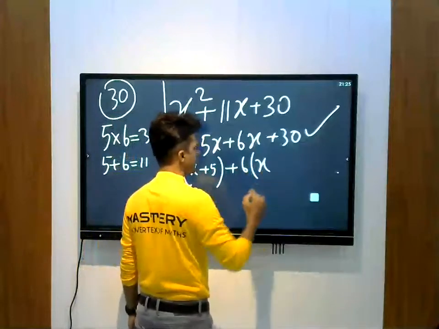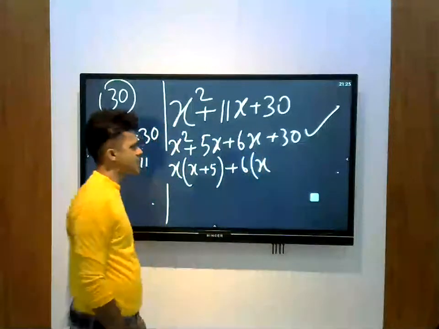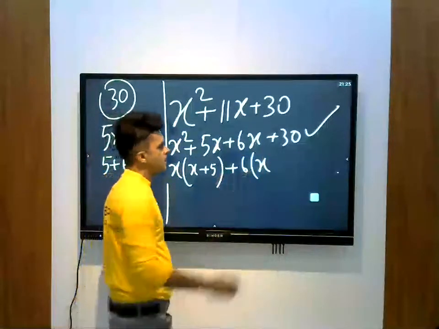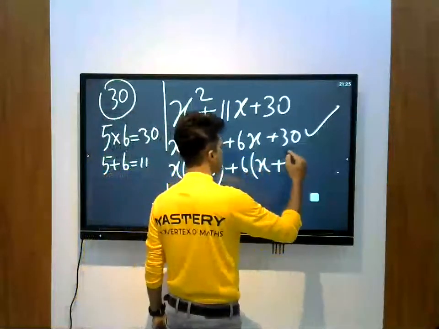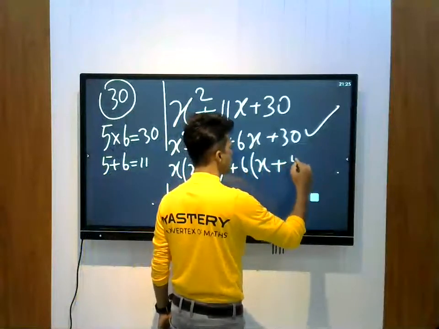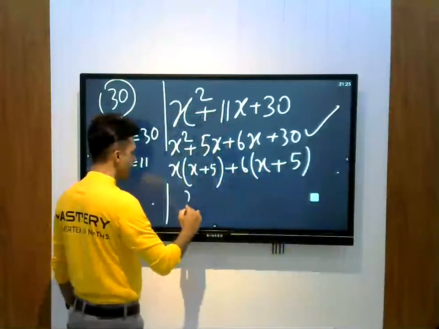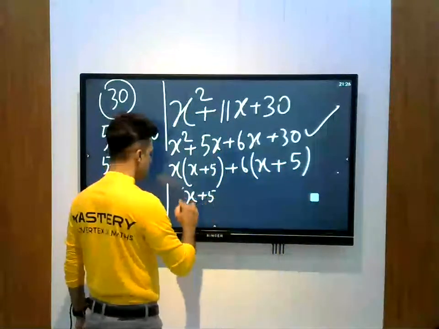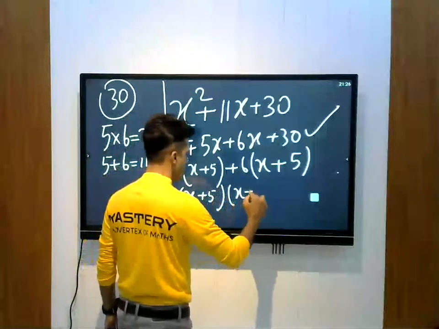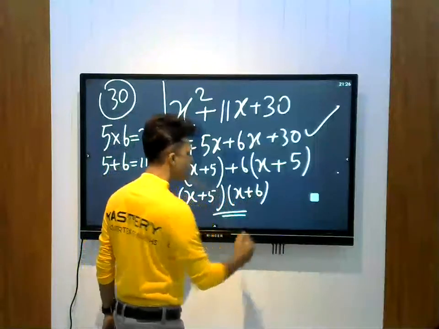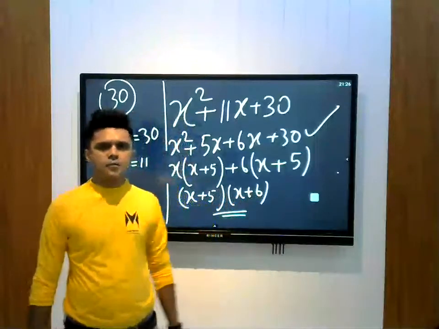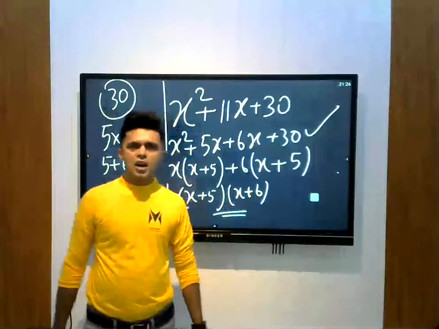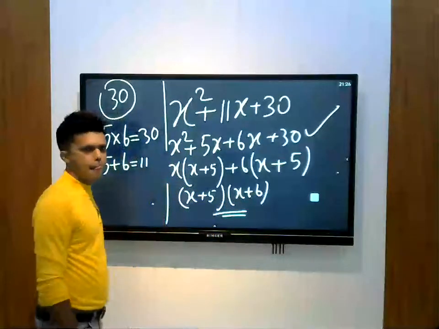Then 6, when you take 6 from 6x, this is 6. Then plus in plus is plus, 30 upon 6 is 5. So x plus 5 into x plus 6 are the factors of this one. These are quadratic expressions.